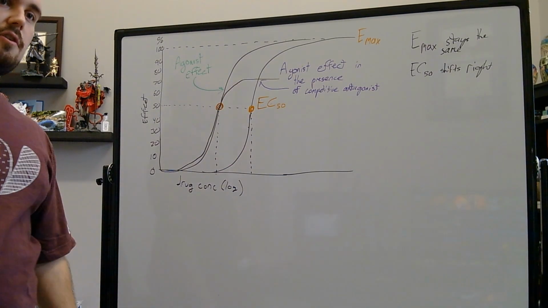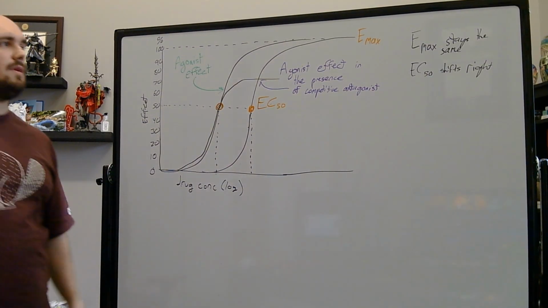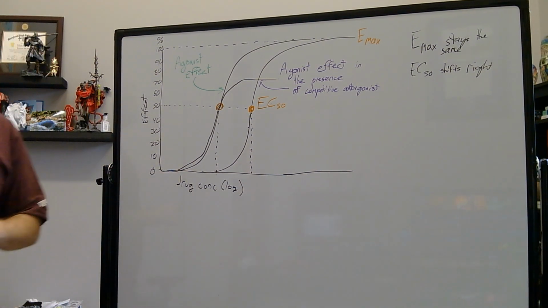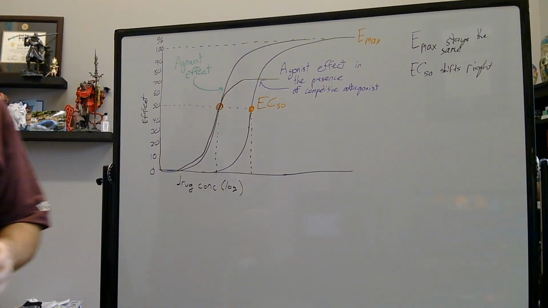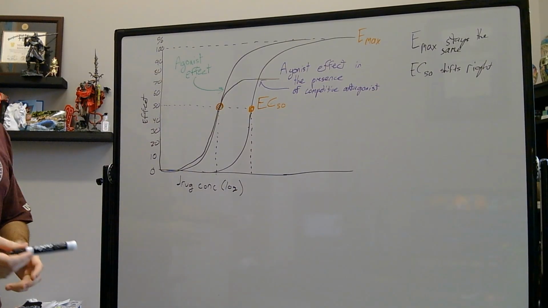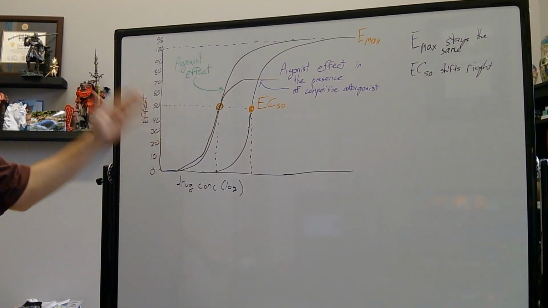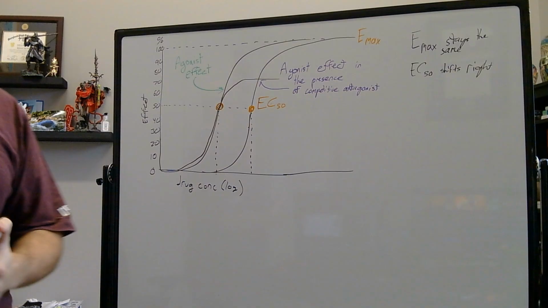So another, much simpler interpretation: the drug will still work, you just need more of it. Dose can overcome this type of inhibition. Just having more dose, you can overcome this.